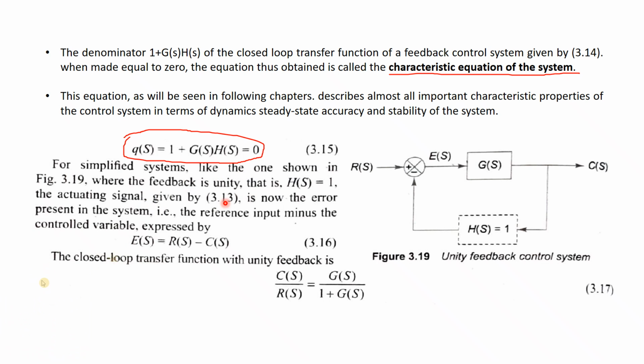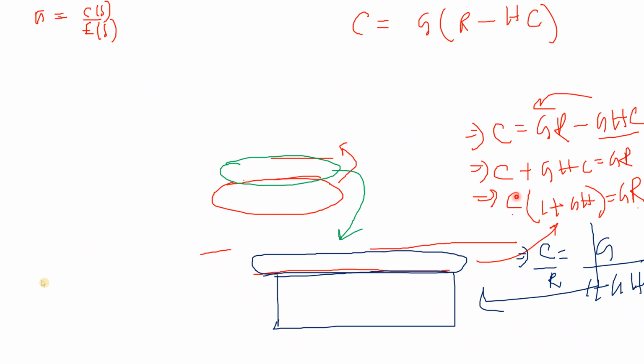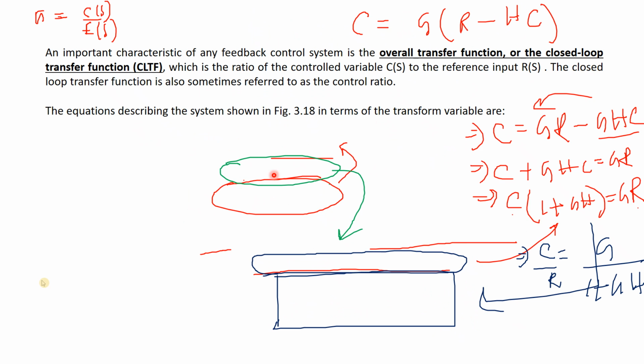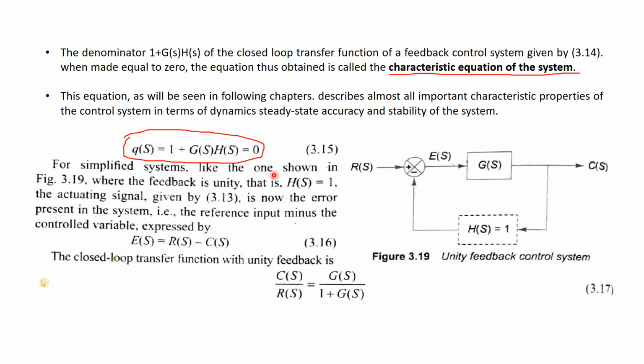Okay, now for many simple systems, which is shown in this figure, this is actually the same figure which we have seen previously. G(s) and H(s) are there, the forward path transfer function is G(s) and feedback is H(s), but H(s) is equal to 1. That means if the feedback is 1, then it is called the unity feedback system. I have also told you this in the previous class.